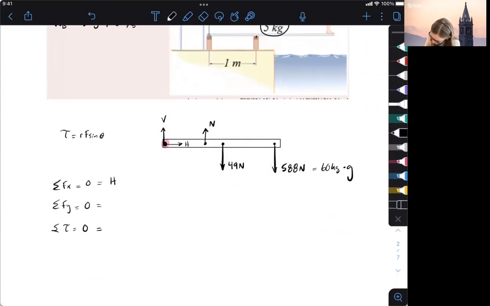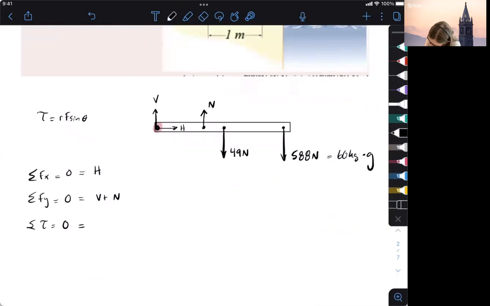So we're going to put those there. So V plus N minus 49 minus 588. And then for our sum of torques, that's where our rotation point comes into focus. We're going to take this to be our point of rotation. So we're looking at our sum of torques equation, and our R is just going to be the distance between these guys here.